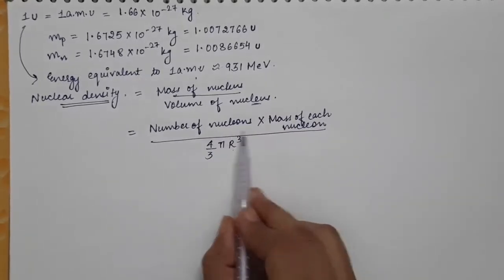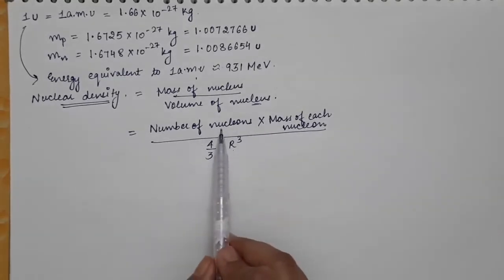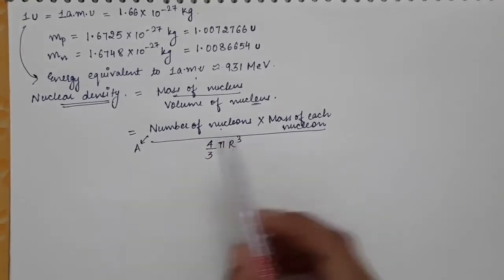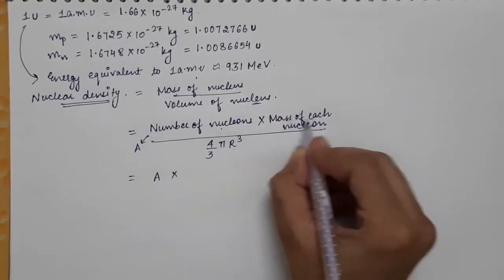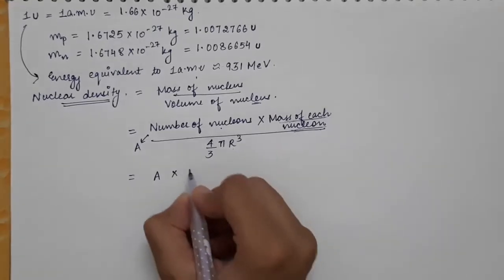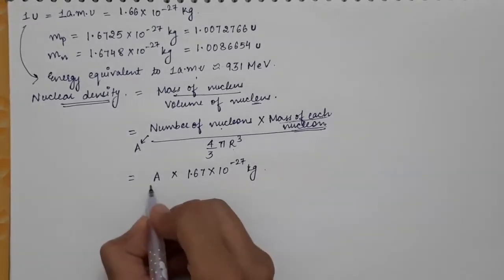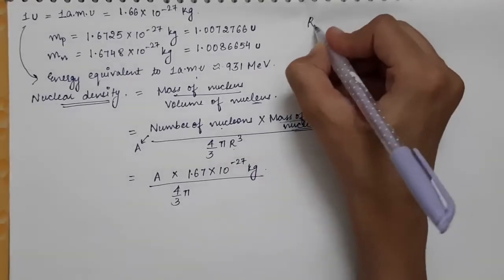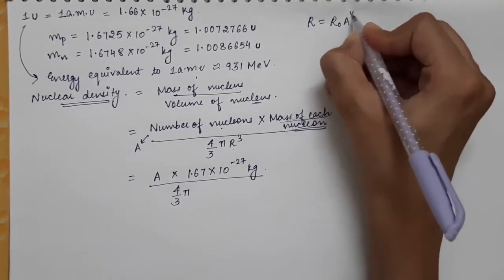Now the number of nucleons present inside the nucleus is given by the mass number, which is capital A, and the mass of each nucleon we can take as 1.67 × 10^-27 kg, divided by 4/3 πr³.